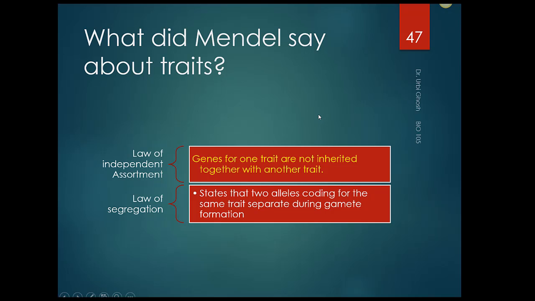They're not, though. So what did Mendel say about traits? He said that, according to the law of independent assortment, genes from one trait are not inherited together with another trait. The law of segregation, which he came up with, states that two alleles coding for the same trait separate during gamete formation.